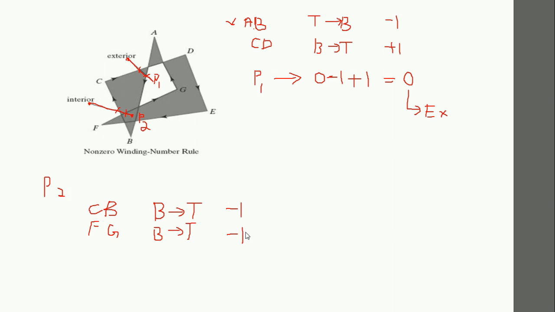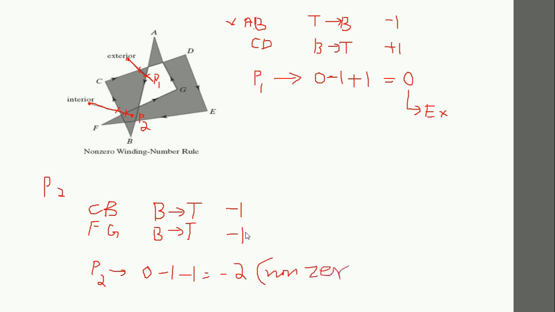Now calculate the winding number for P2. Initially it is 0. When you add the winding number for CB, it is -1. FG is again -1, so it becomes -2. The final winding number is -2, which is non-zero.